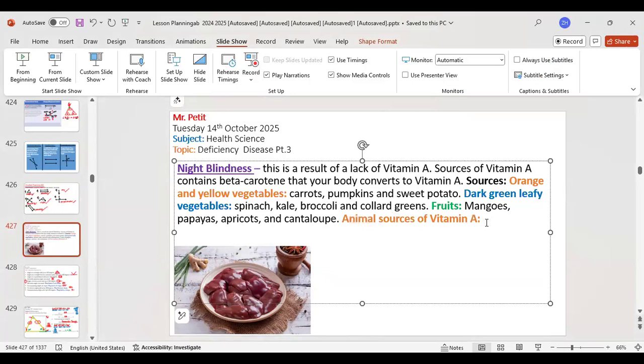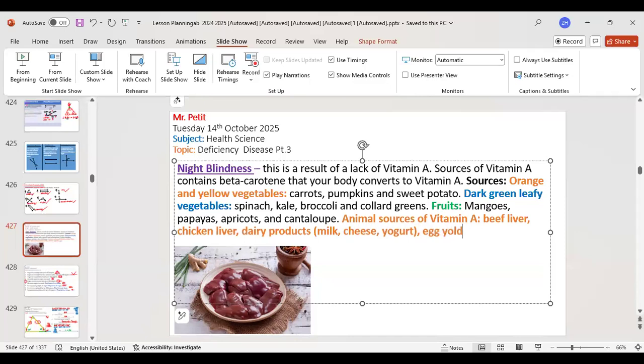All right, so it will be liver. So beef liver, egg yolk, butter, chicken liver, cheese, dairy products. Very good. Dairy products contain vitamin A. That would be milk, cheese, yogurt, and obviously eggs.